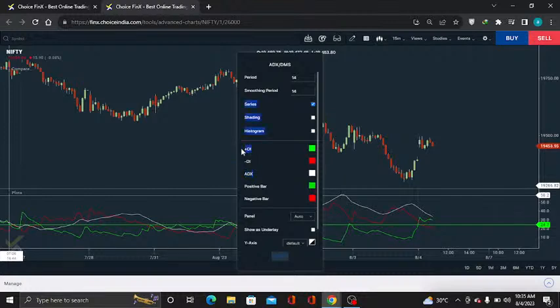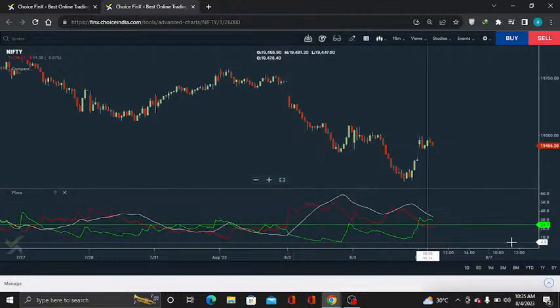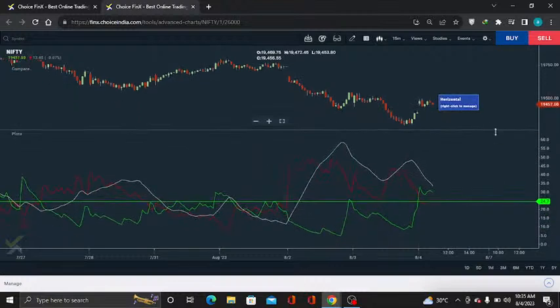The plus DI represents the positive directional momentum, that is the bullish side, and the minus DI is for the negative one, that means downside. This indicator scale is defined from 0 to 100.